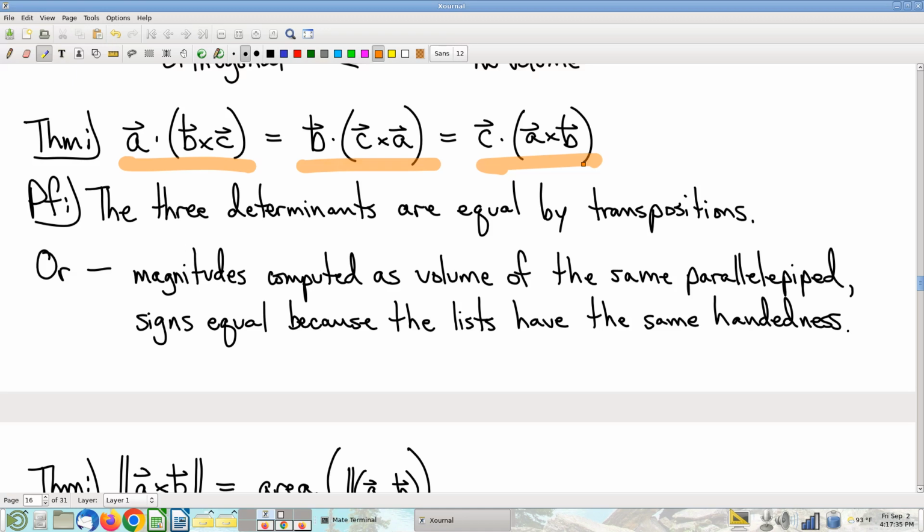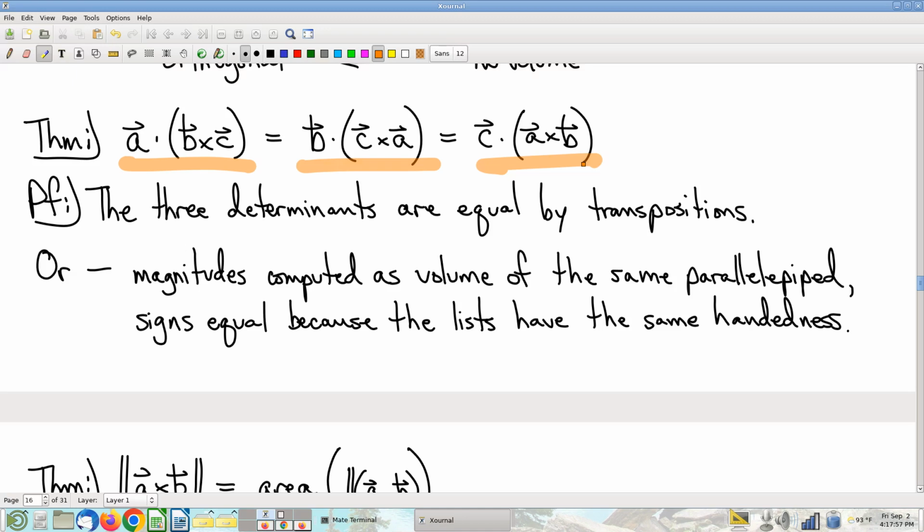After all, at a glance, A here is not involved in the cross product. But in the next expression, A is involved in the cross product. Wait a minute. How could these be related? This is a complete jumbling. It doesn't look like it ought to be related, but they're always equal. And likewise the other one.